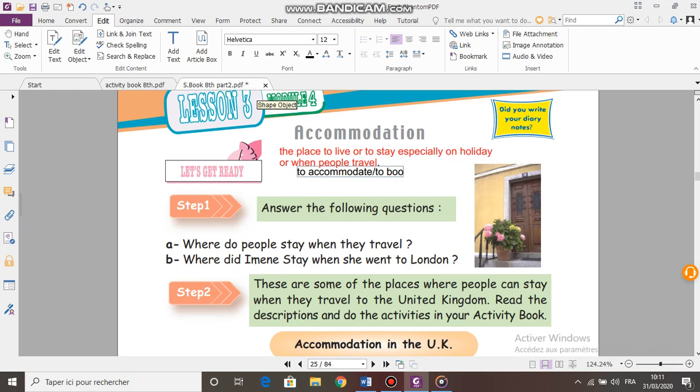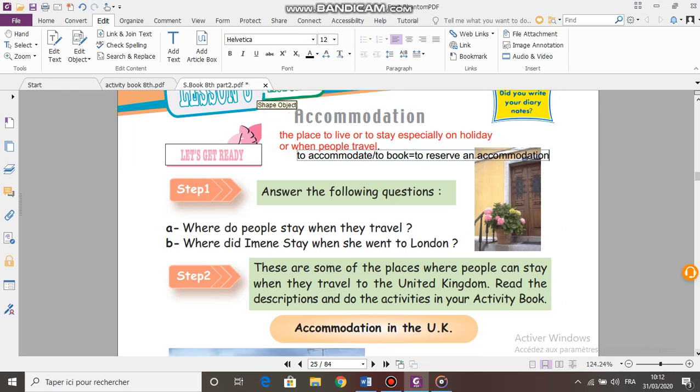What is the equivalent of to book? To book or to reserve. Good. To reserve what? An accommodation. So we can use these verbs, to accommodate or to book or to reserve an accommodation. Let's move to step 2.